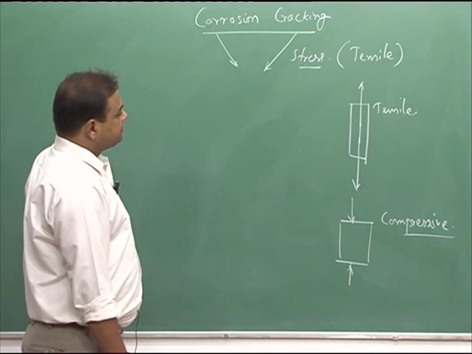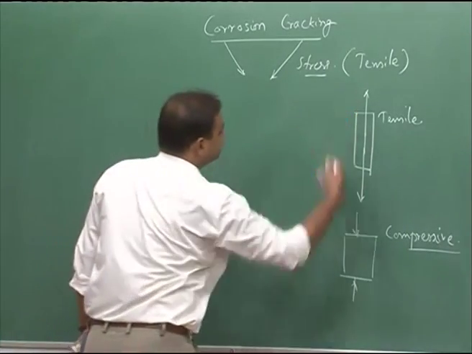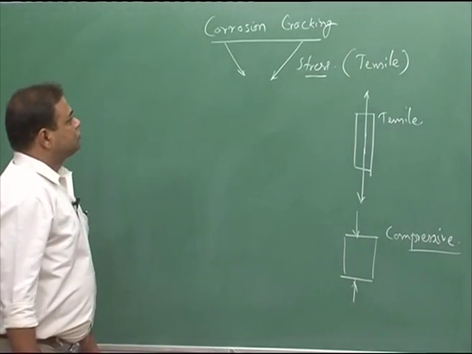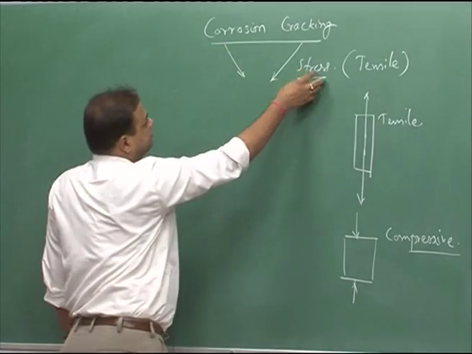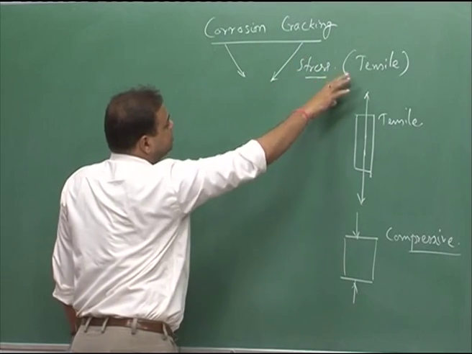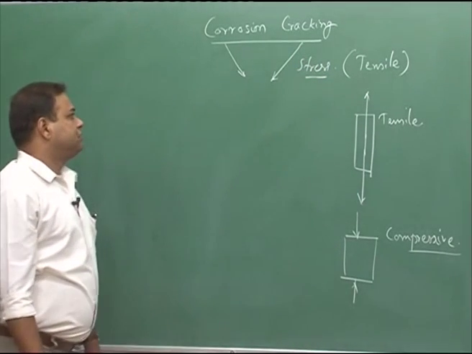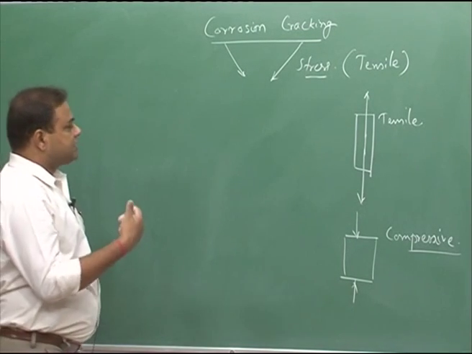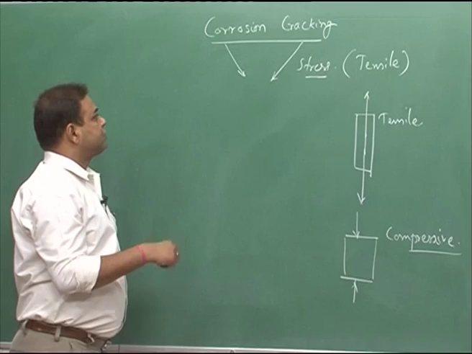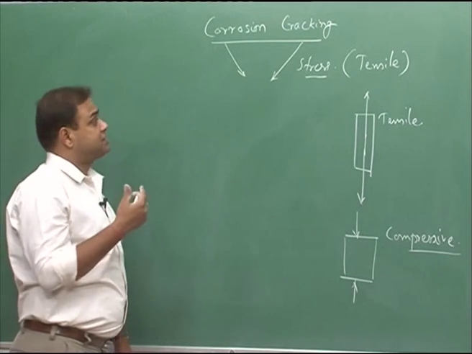That time it is compressive stress, and this time it is tensile stress. So, we have a combination of corrosion plus cracking due to tensile stress on the component which is exposed to a corrosive, and the corrosion action is also going on simultaneously.